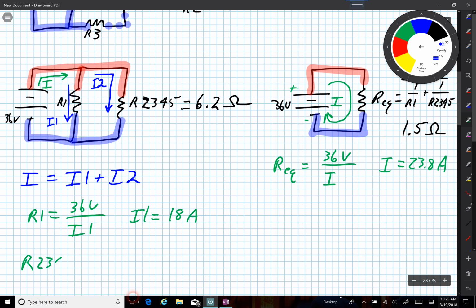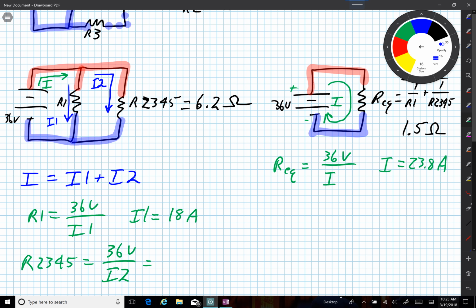We'll apply this now to R2, 3, 4, 5 equals 36 volts over I2. Okay? And let's just calculate this. And we're going to get 6.2. So we got 36, 6.2, 5.8.